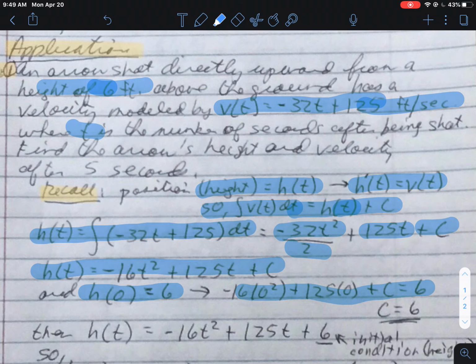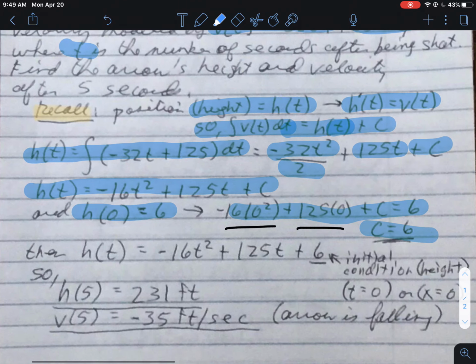Again, that zeroes out those first couple of terms, and it just leaves me with c equals 6. So I get our height function h of t equals negative 16t squared plus 125t plus 6. Notice that was our initial condition, our initial height where t equals 0, or x equals 0 in general notation.